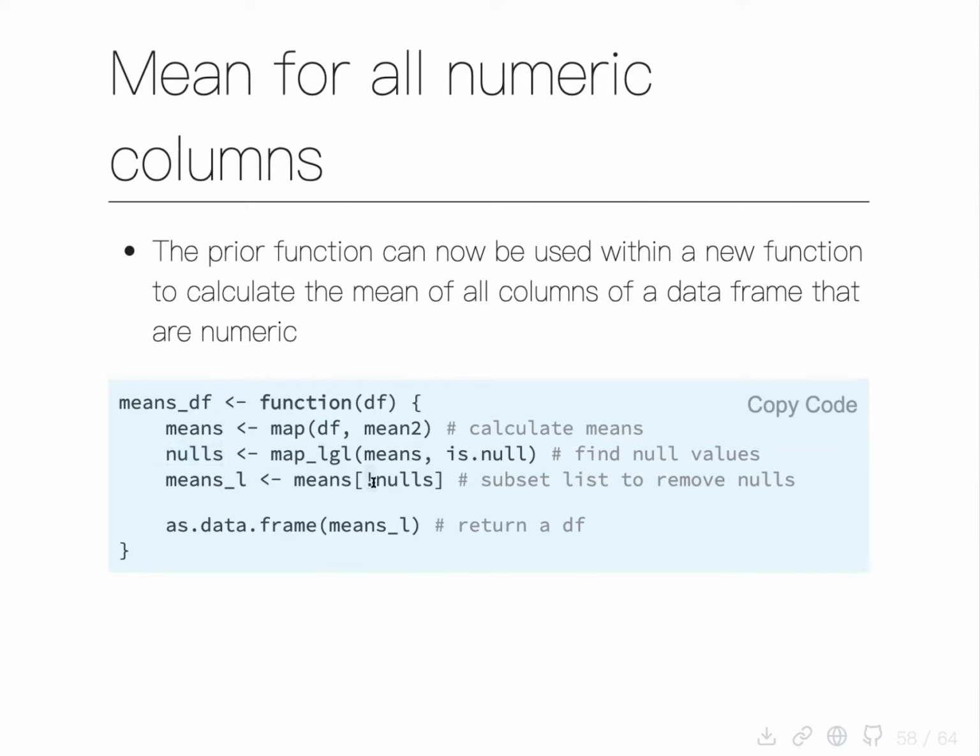I'm saying, give me the not-null values. So this will be all the means for the columns that are numeric. And then finally, I'm going to wrap that list into a data frame, because that is easy. Lists can be converted to data frames as long as the number is the same in each one, and in this case it would just be 1.